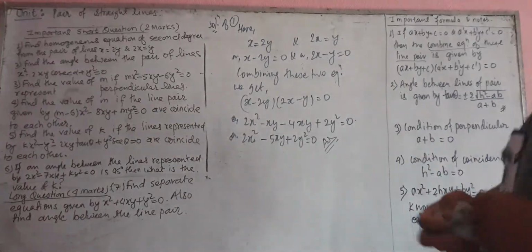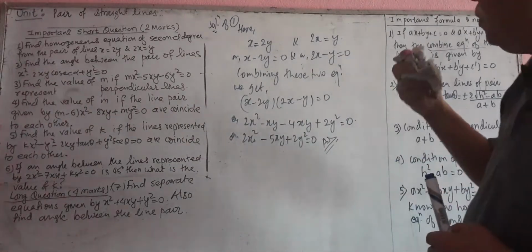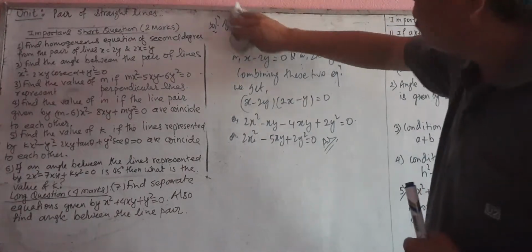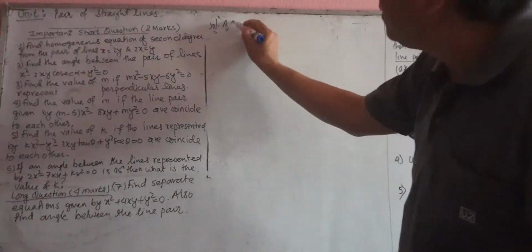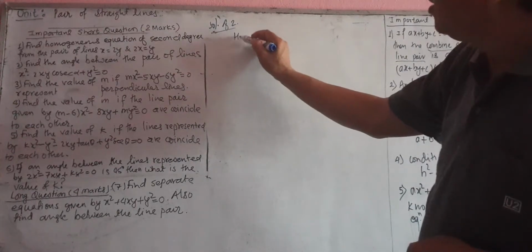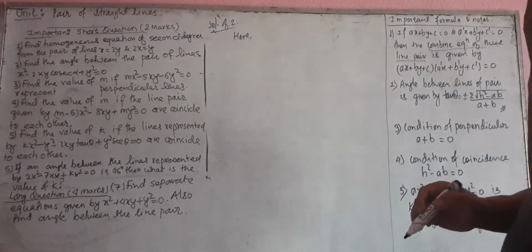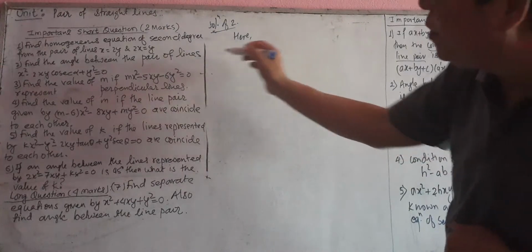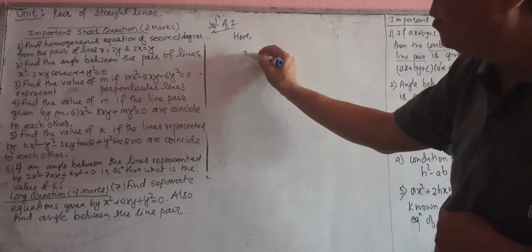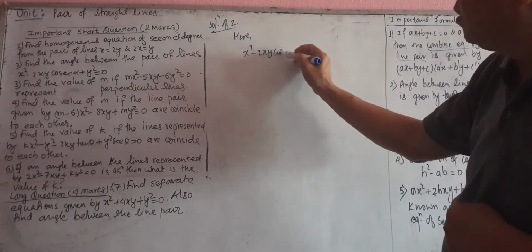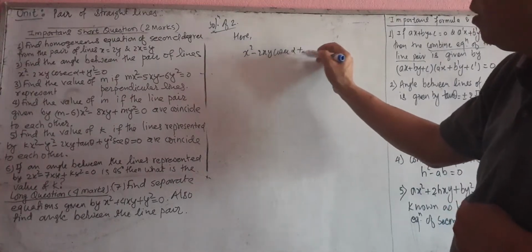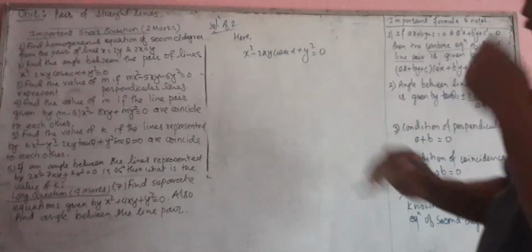Now we solve question number 2. Question number 2, solution of 2. Look there, the equation is given for the pair of lines: x square minus 2xy cosec alpha plus y square equal to 0.